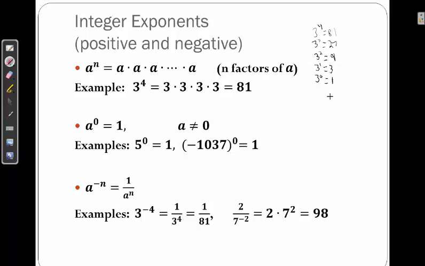It's a very common error in my students to say, if you take something to the 0 power, it's 0. But it's not. It's going to be 1. And you can keep going. If you keep dividing by 3, divide again, you will get 1 over 3.